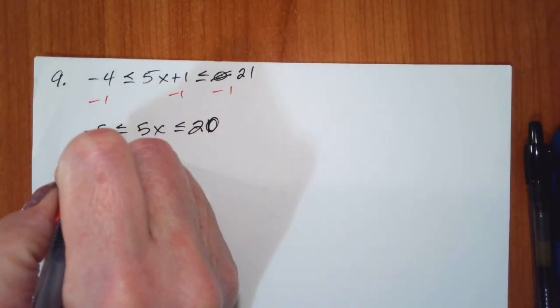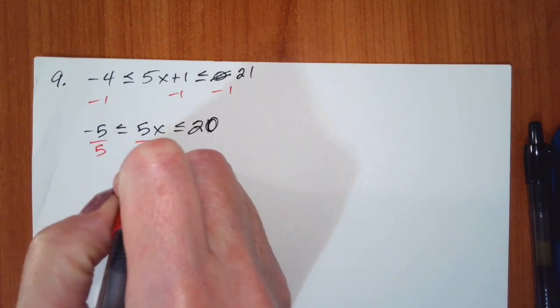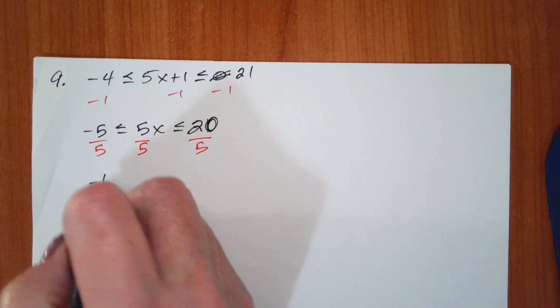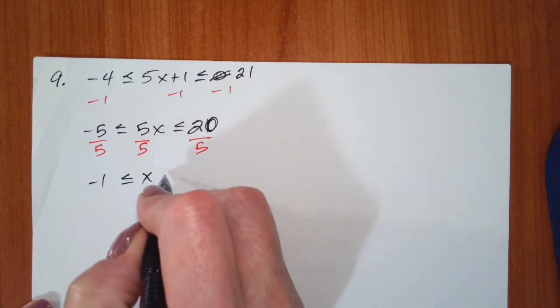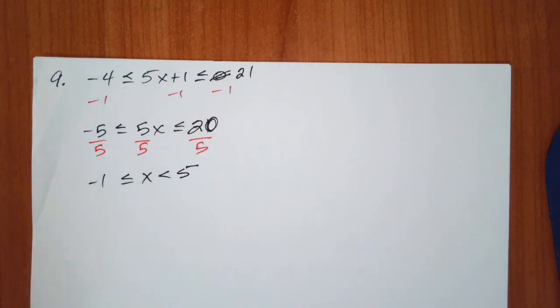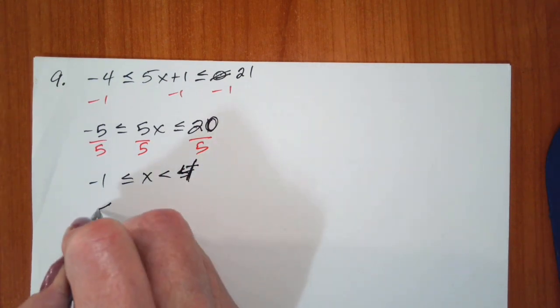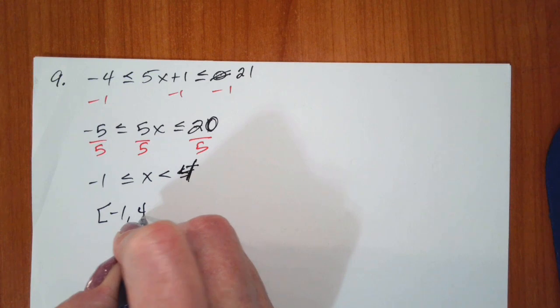And then I just divide everything by 5. Since I'm dividing by a positive number, I don't have to flip the inequalities. So I get negative 1 is less than or equal to x is less than 5. Or in interval notation, negative 1, 4 for the parentheses.